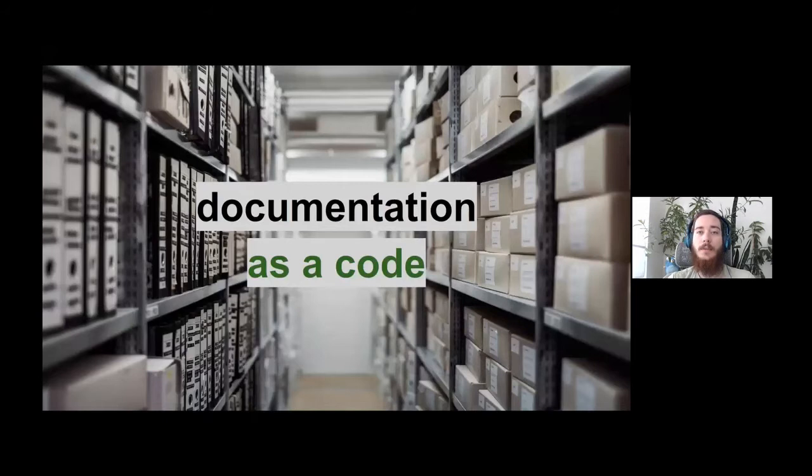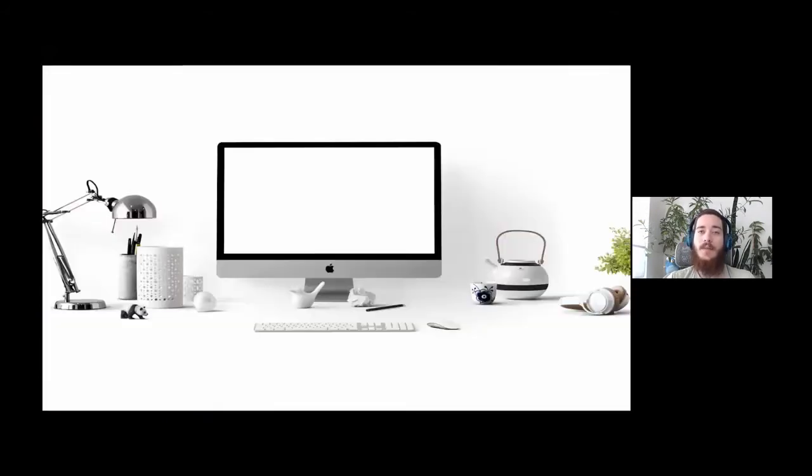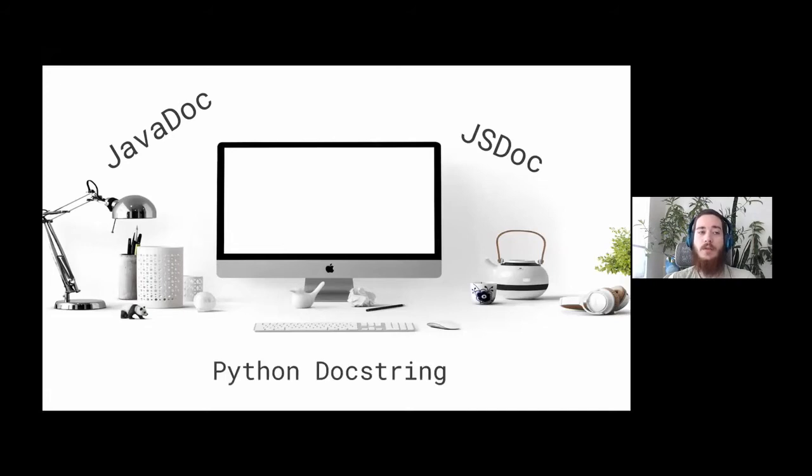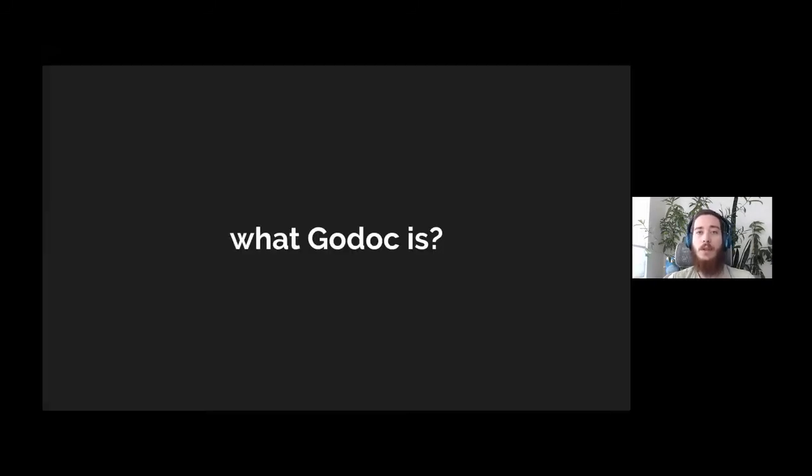This led to a new approach, documentation as code. There are many solutions for different languages, such as JavaDoc, JSDoc, Python docstring, ABAPDoc, and, of course, Godoc. So, what is Godoc? Godoc parses Go source code, including comments, and produces documentation in HTML or just as plain text.